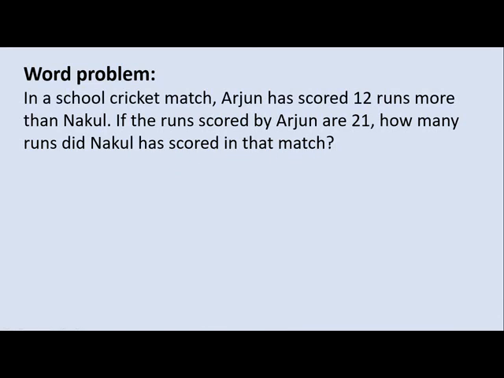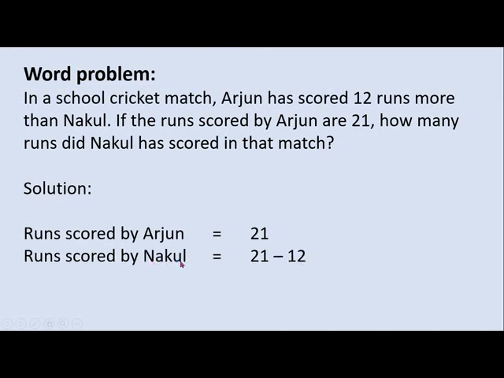So to find that, let us record the given data as given here. Runs scored by Arjun is equal to 21. It is given here. And to find runs scored by Nakul, we have to subtract 12 from 21, because the runs scored by Nakul could be found by subtracting 12 from 21.